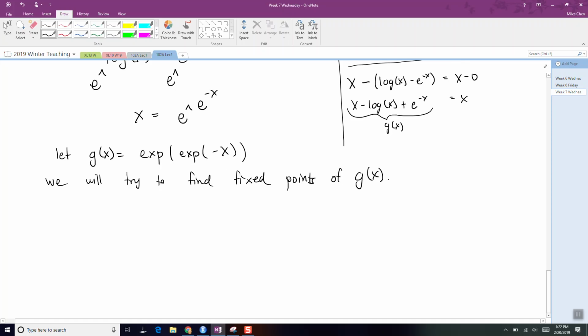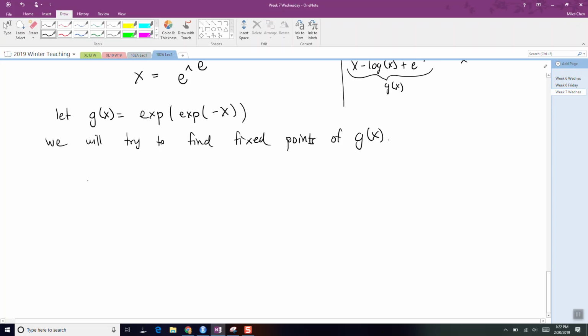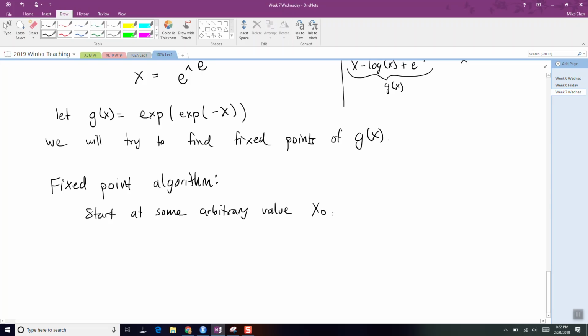And the fixed point algorithm is very simple, okay? Just start at some arbitrary value, X0, it doesn't matter, okay?